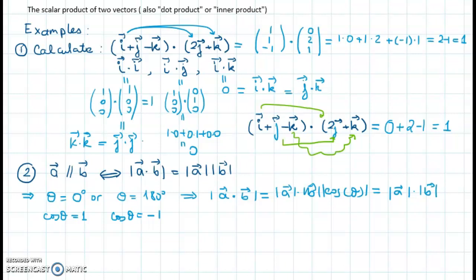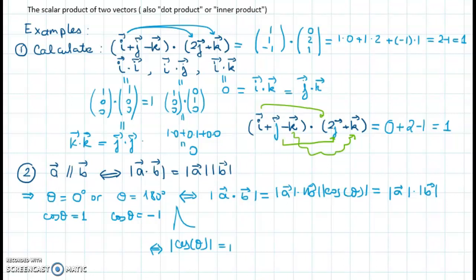I wrote an implication, but we could also go in the opposite direction. If we know that the absolute value of the dot product is equal to the product of the lengths, that means that in this intermediate step, the absolute value of the cosine of theta is equal to 1. And this is true if and only if theta is either 0 or 180 degrees.